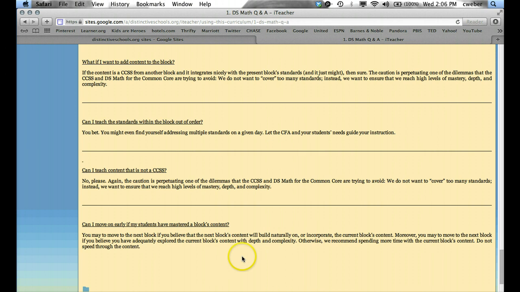Last question, can I move on early if students have mastered a block's content? And this is similar to the question of what if I want to add Common Core standard content to a block. You can move on early if you really feel that your students are ready to master content, but ask yourself why. Now, if you're doing it because, you know what, I think this next block is really going to require some extra days and I think I have them, well, that makes sense.